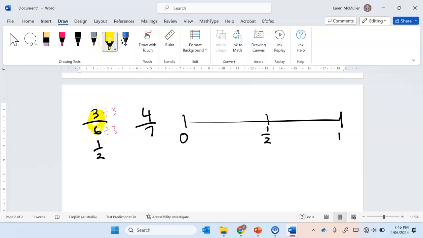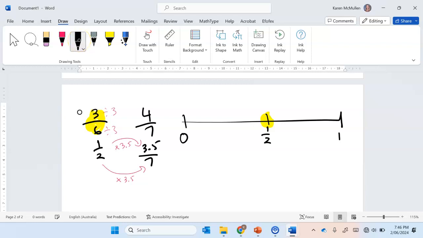So this fraction is here at 1/2. Now 4/7 is a little bit trickier. So think about where that falls on the number line. If we were to turn that into an equivalent fraction for 1/2, I'd multiply the denominator by 3.5 and multiply the numerator by 3.5.